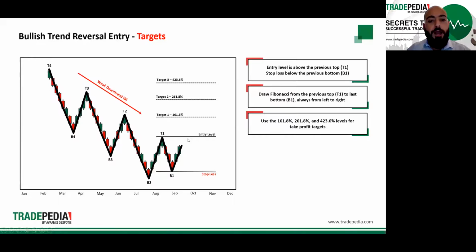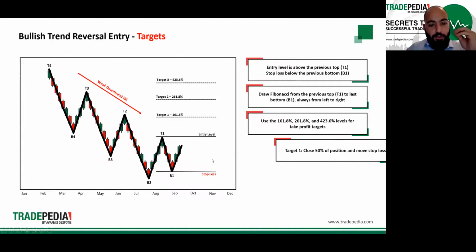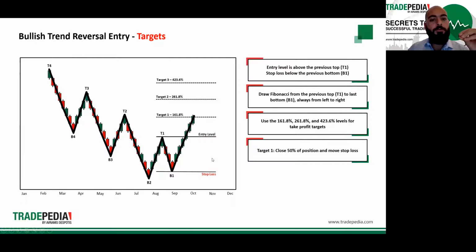Now I will teach you how to exit this trade. So all you have to do is place your order, place your stop and targets. Now, as soon as prices reach target 1, I advise you guys to close 50% of your position. So if you bought 2 lots, you are going to close 1 lot and then move your stop loss from the stop loss level to the entry level.